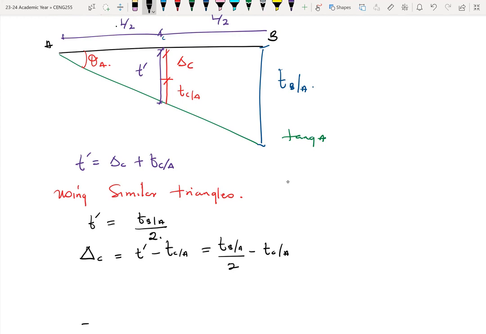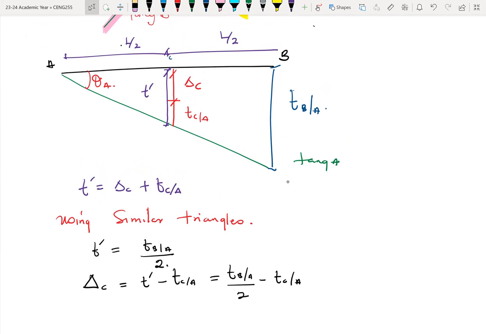Once we do that, we can find delta C. Right.